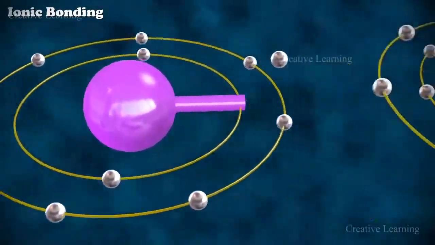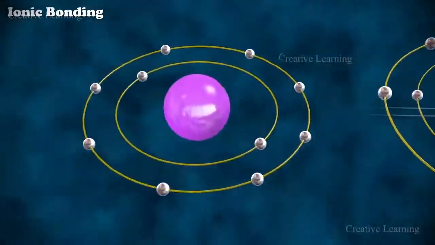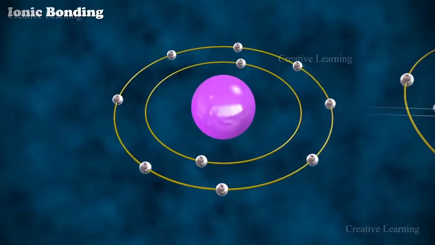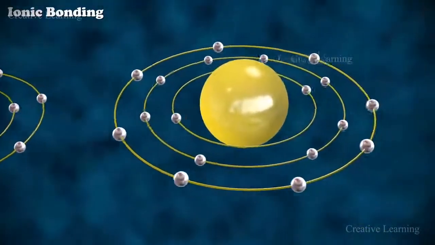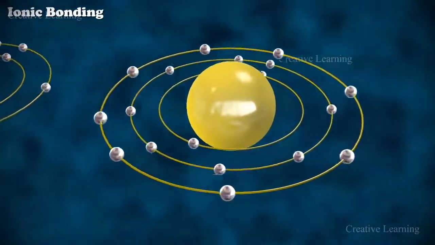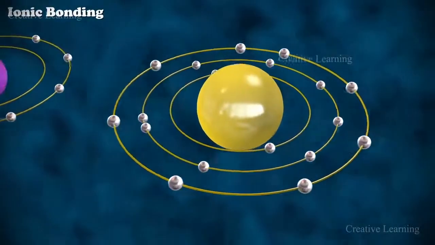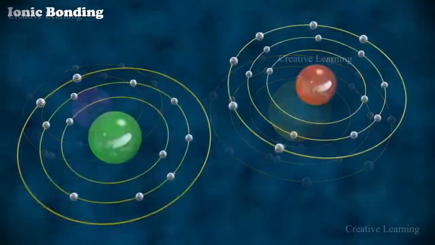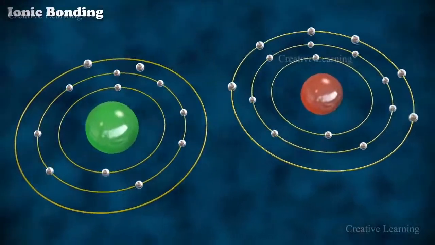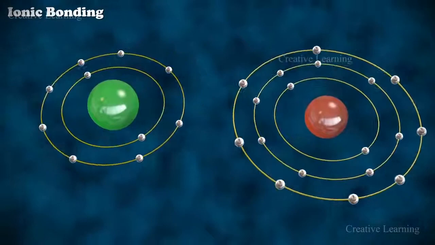By losing those electrons, these metals can achieve noble gas configuration and satisfy the octet rule. Similarly, nonmetals that have close to 8 electrons in their valence shell tend to readily accept electrons to achieve noble gas configuration. In ionic bonding, more than one electron can be donated or received to satisfy the octet rule.